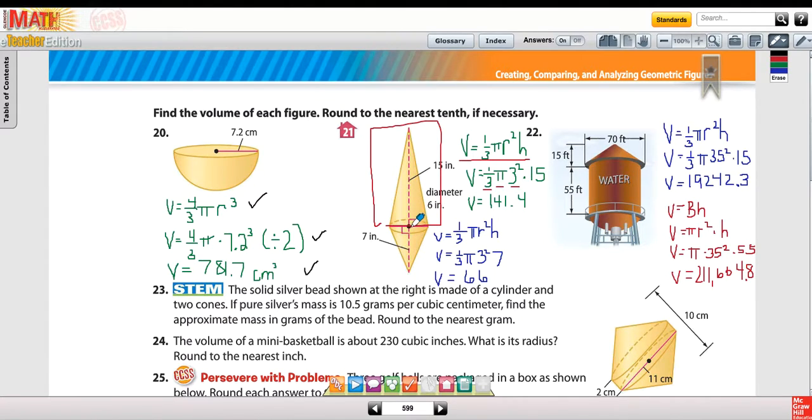The radius of the circle is half of the diameter, so half of 6 is 3. 3 squared, of course, is 9, and then multiply by 15. Go ahead and take your calculator out and multiply pi times 9 times 15 divided by 3, or you could type in 0.333, as many as you can fit on your calculator, times pi times 9 times 15.